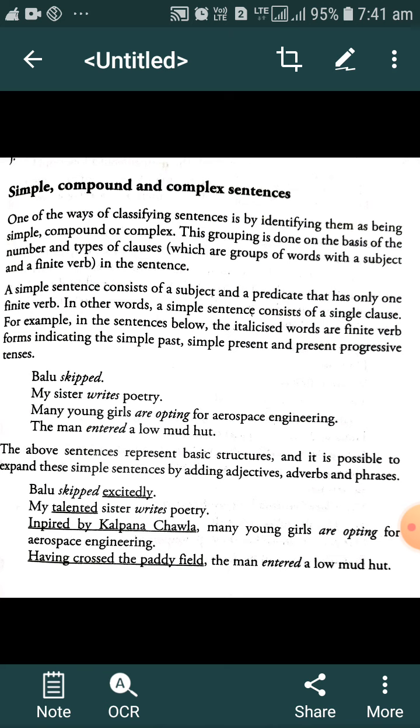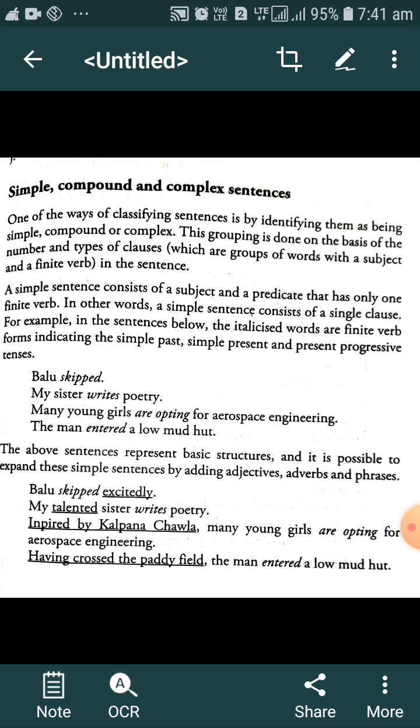So while observing these three sentences, we come to know that the phrase inspired by Kalpana Chawla is the same in all three sentences, but we have changed the basic structure, meaning the finite verb. Opt becomes opts, then opted.